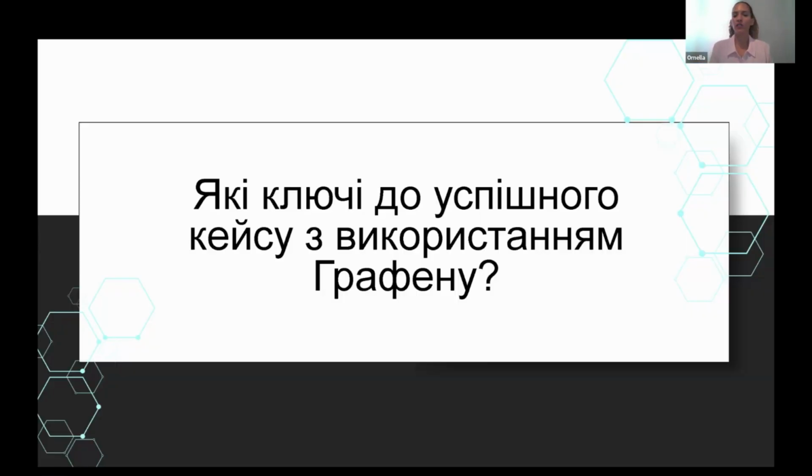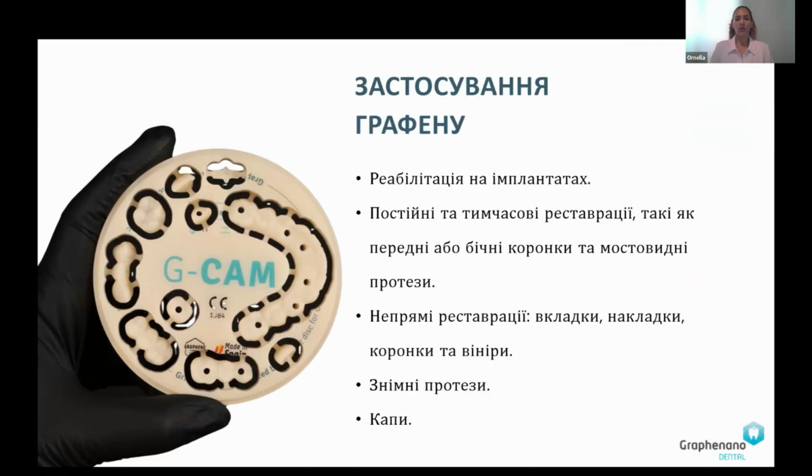Now we are going to start talking about the uses of the product and the best way to use the graphene material. So what can I do and what can I not do, okay? With graphene, we can do practically all types of restoration, but it's important to know that depending on the type of solution that I'm going to give my patient, I need to cover some minimal thickness, pontics, cantilevers, okay?